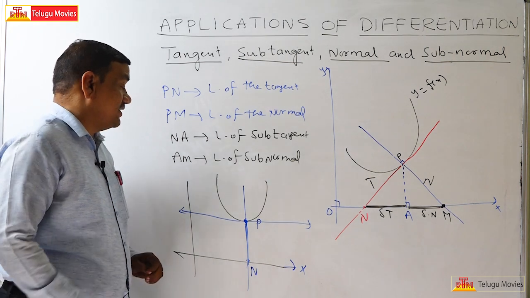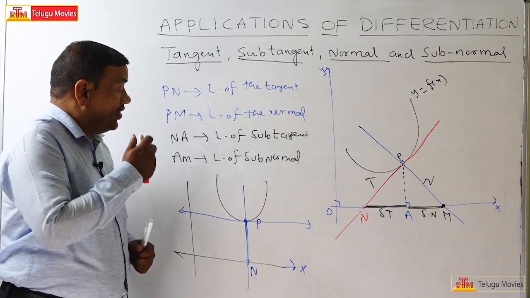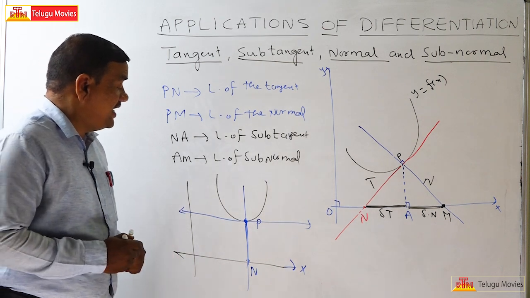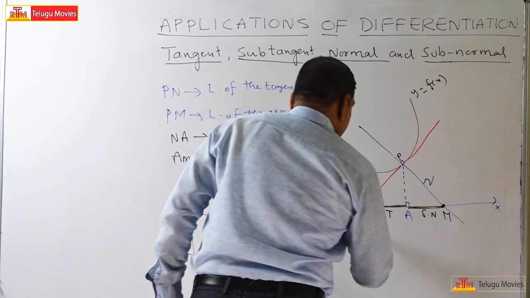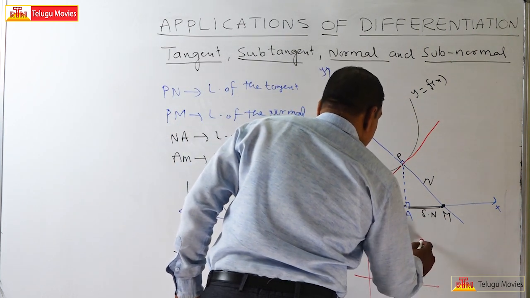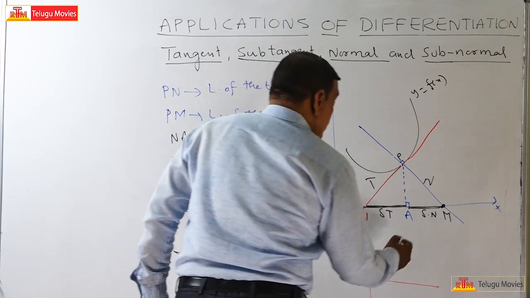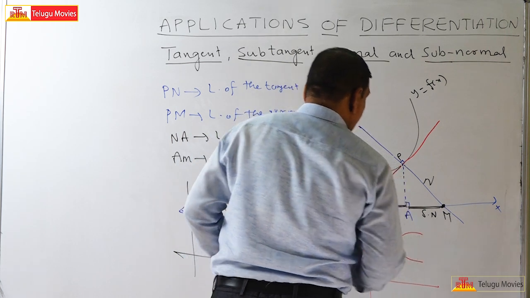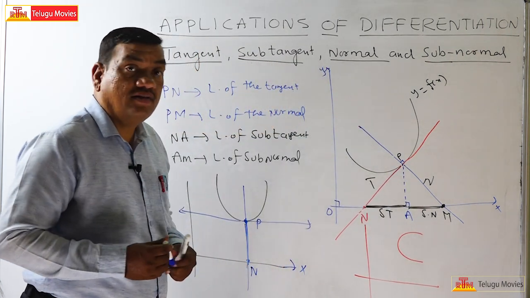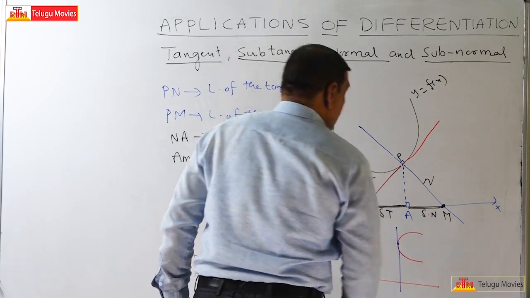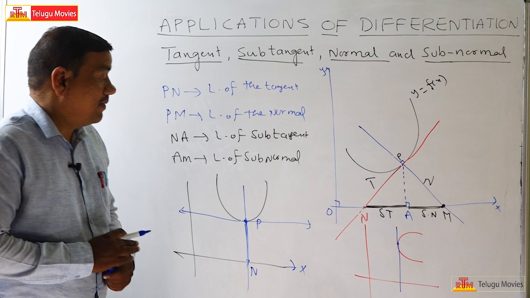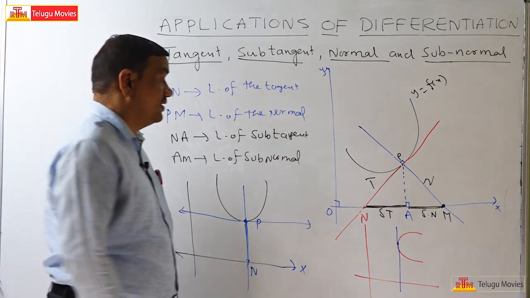The second case: if the tangent is parallel to the y-axis, let us see what happens. So here this is a curve, and the tangent is parallel to the y-axis.